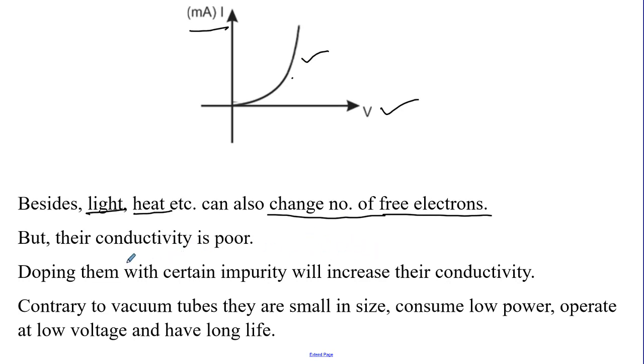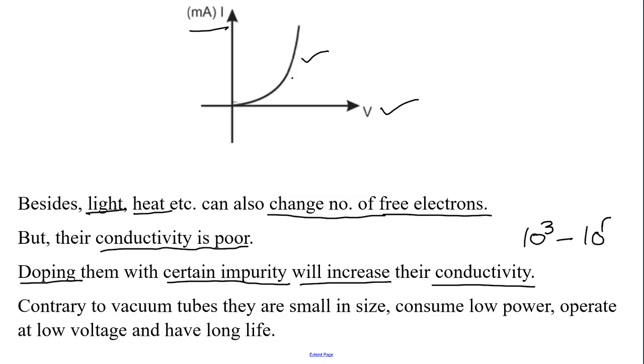But the problem with semiconductors is that their conductivity is poor. That is, by applying voltage in volts, we get currents of the order of microampere, which is very small. This limitation can be overcome by doping them with certain impurities, which makes them highly conducting, and their conductivity increases by a factor of 10 raised to power 3 to 10 raised to power 6.